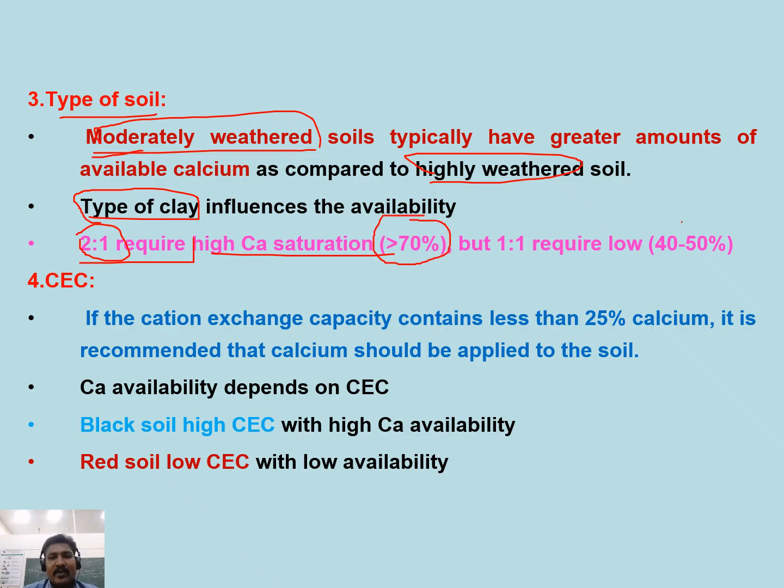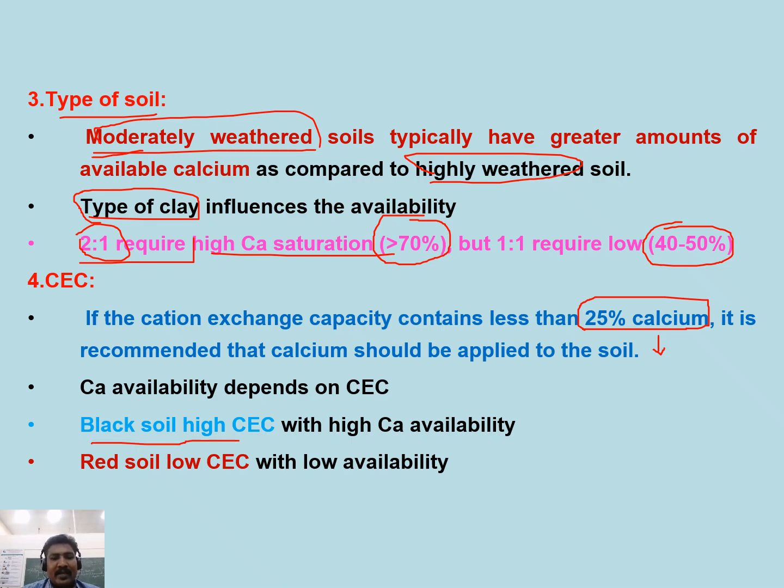But 1:1 clay requires less. Then only the cation exchange capacity will be good. A cation exchange capacity containing less than 25% calcium will be problematic for the availability of calcium. So in this condition, you must apply calcium in some form to the soil.